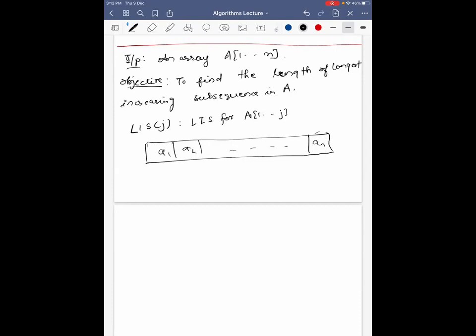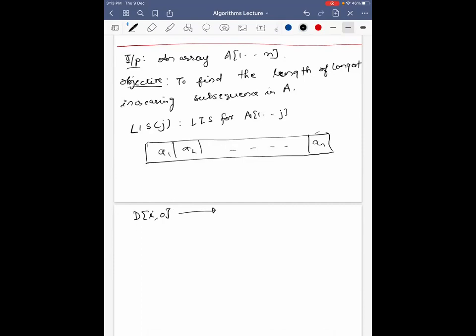Sir, we can consider a cross array where, suppose the array is D, then DI0 and DI1, the flags 0 and 1, denote whether the element is included in the longest subsequence or not.